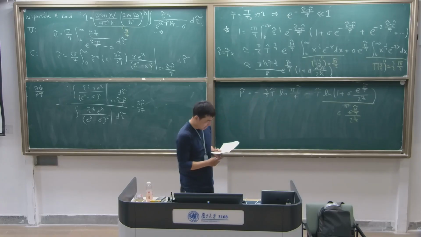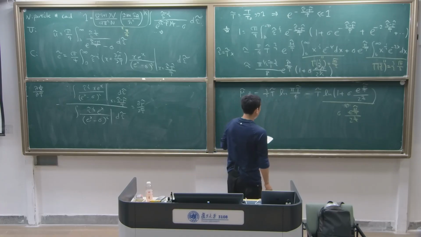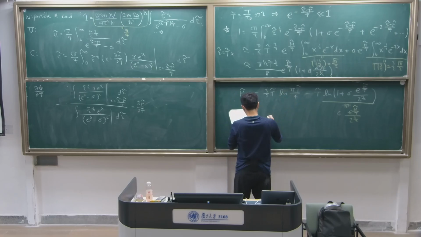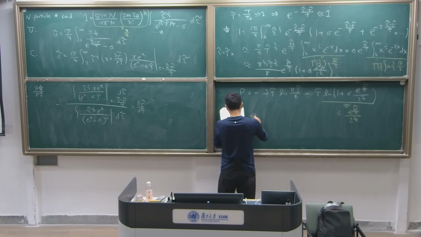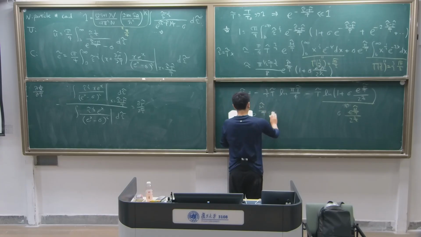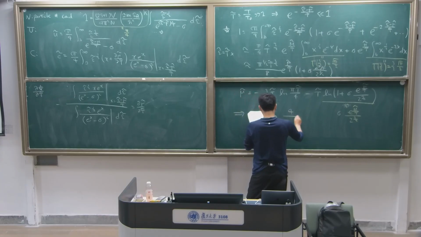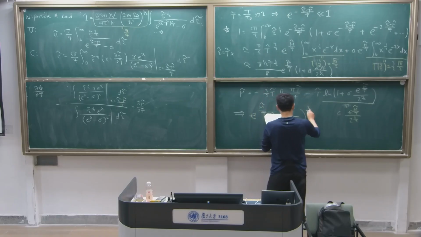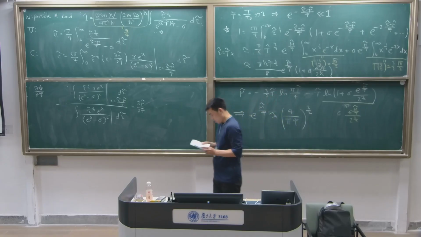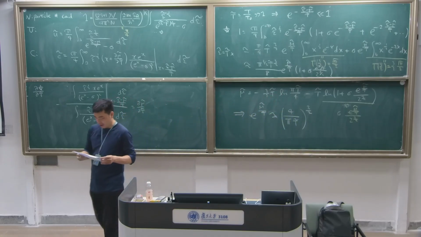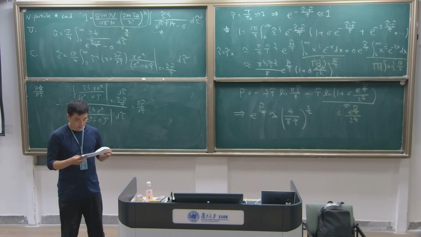Then by Taylor expansion and simplifying, you can have e to the mu theta over t theta approximately equal to 4 over pi, t theta divided by 2 to the 3 halves. So this is the leading order behavior of mu in terms of t theta.